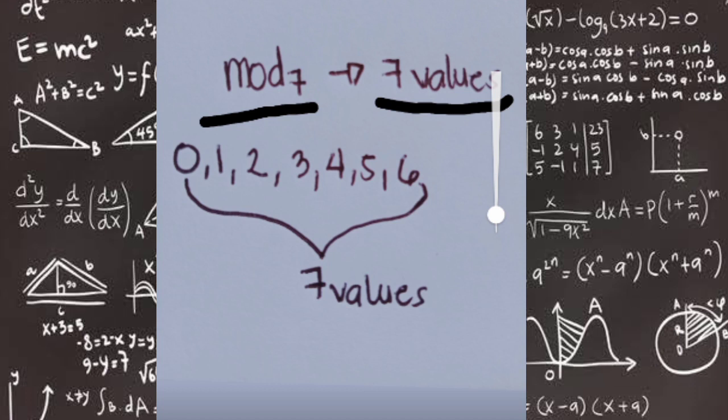So, when counting, we start at the number 0 which is our starting point in the count. 0, then number 1, 1, 2, 3, 4, 5, 6, 7. Our 7th value is 6 which is lesser than the number 7.